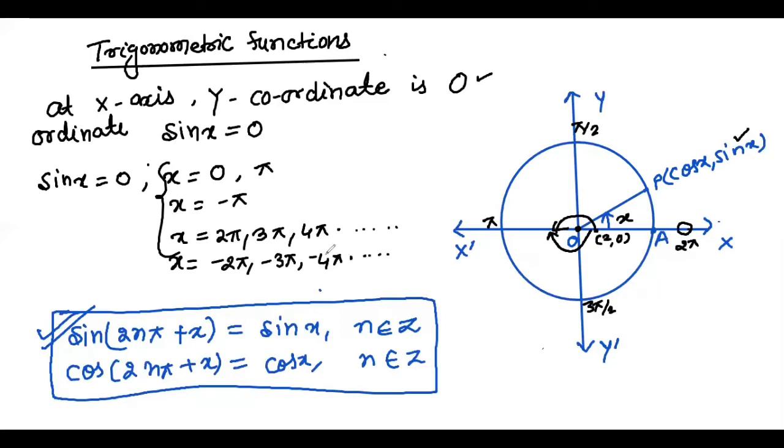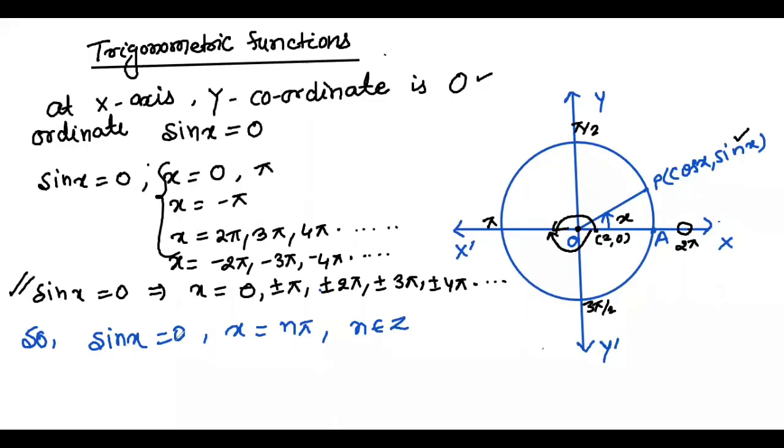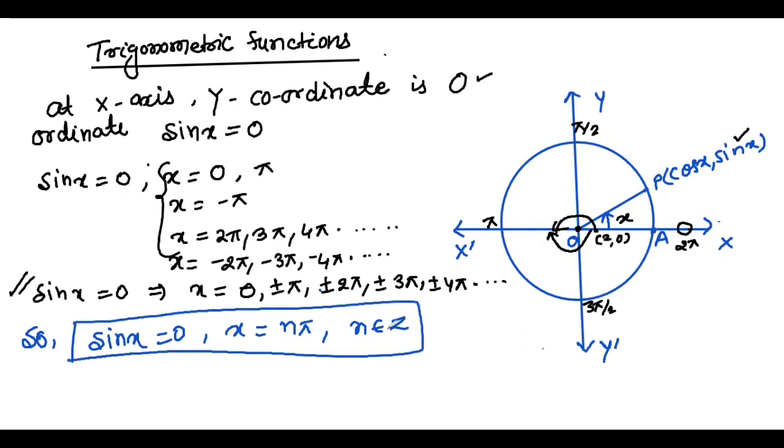So we can conclude sin x equals 0 when x equals 0, plus minus pi, plus minus 2 pi, plus minus 3 pi, plus minus 4 pi and so on. This is also an important concept. So we can conclude sin x is 0 when x equals n pi, where n belongs to integers.